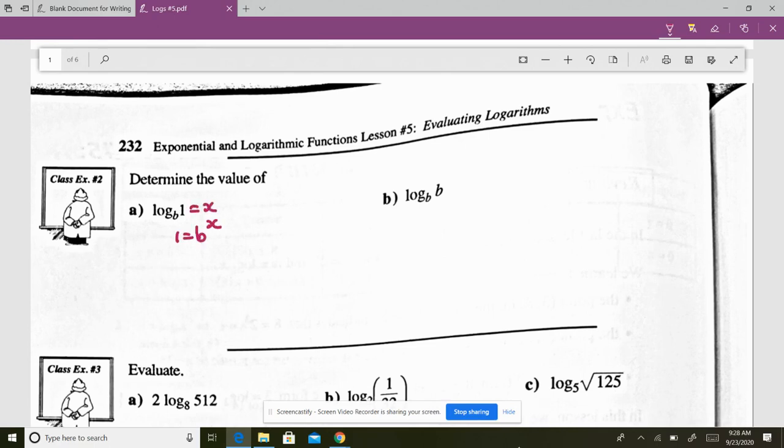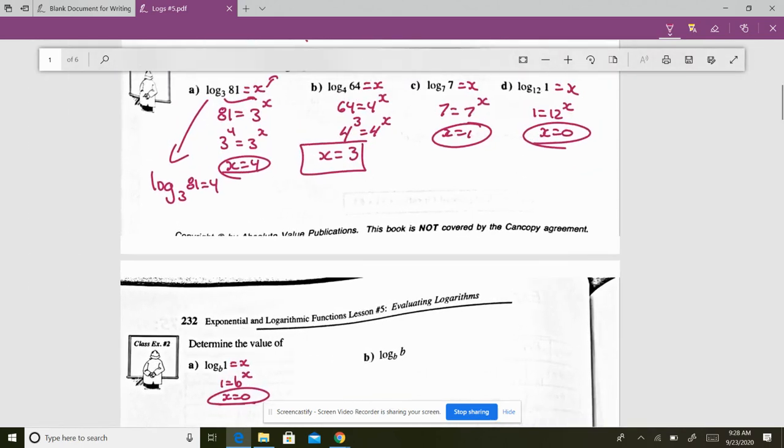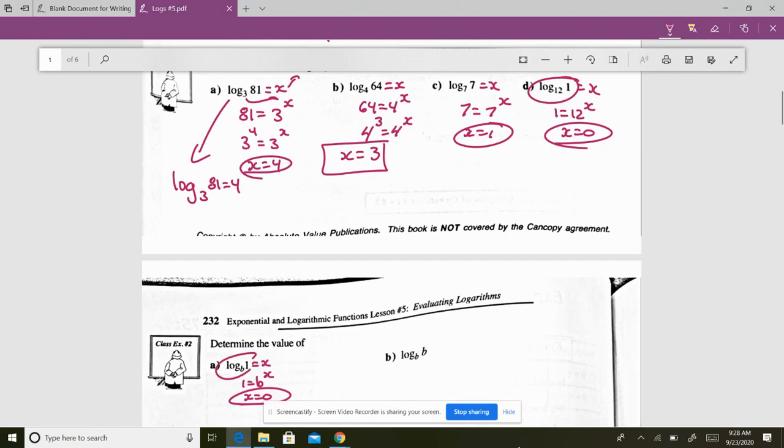Can you come up with a rule for this? Look at that. That's true. But look at this one. And look at this one. When you log the number 1, what is always the answer? 0. Doesn't matter what your base is. If you log the number 1, it will equal 0.